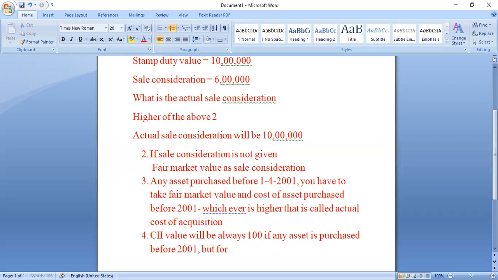But for the previous year, that is 2021, the CII value will be 313. Please remember these important points.